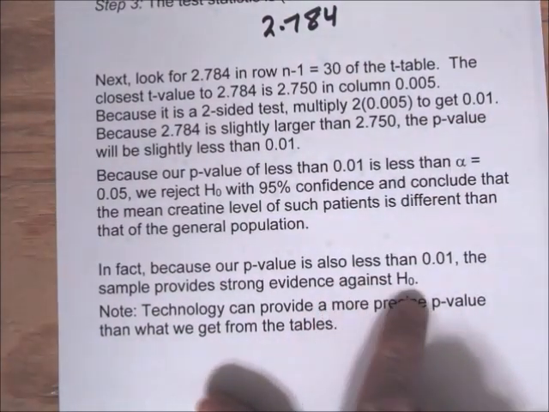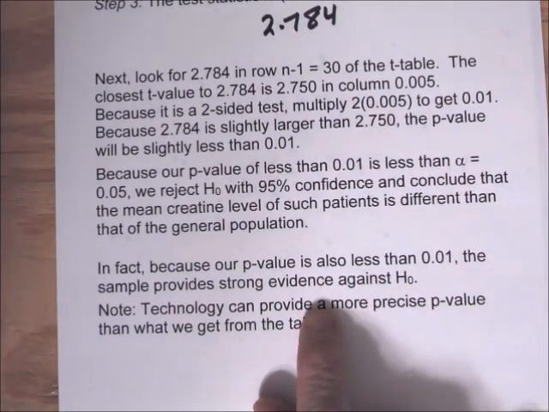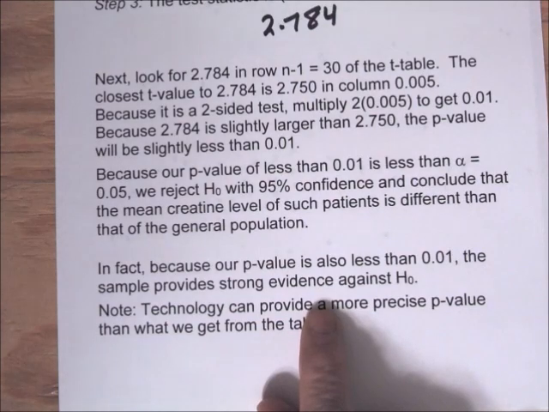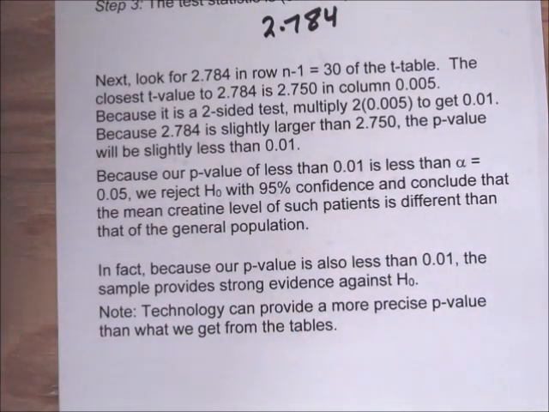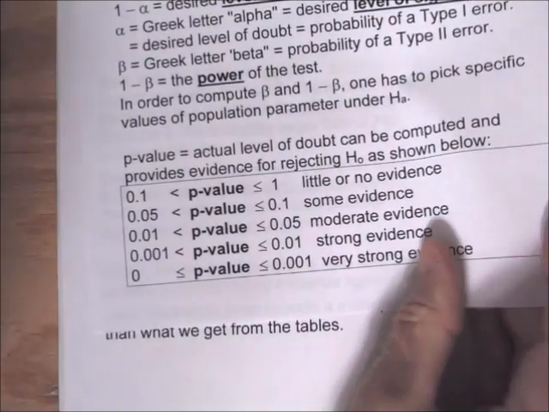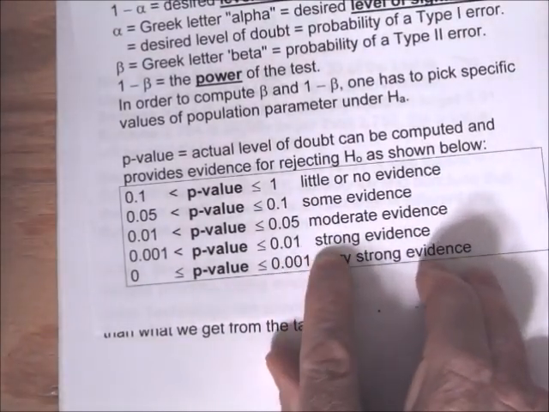Because our p-value is less than 0.01, the sample provides strong evidence that the glucose level of the sedentary people is different than that of the general population.